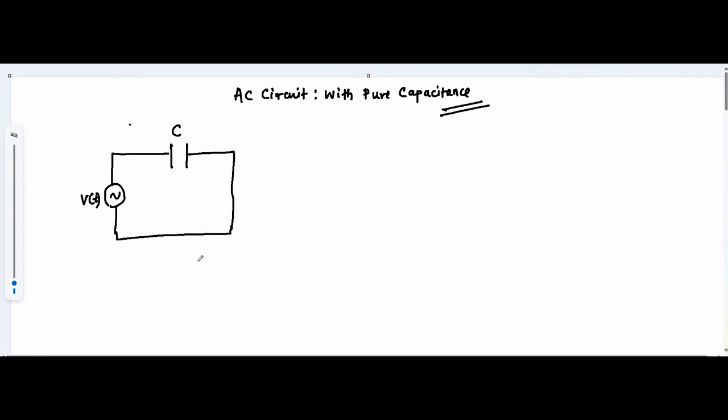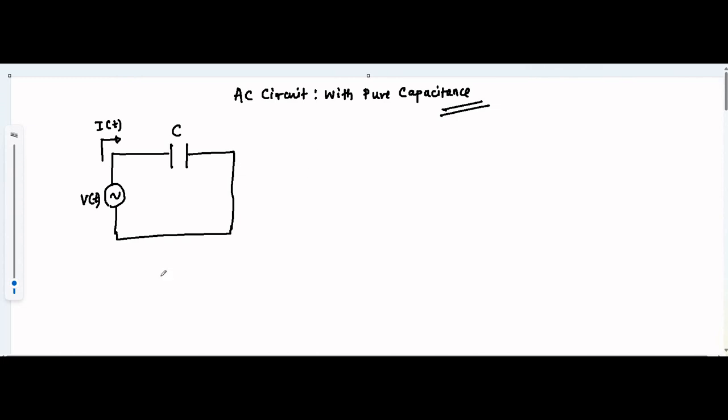So here the plates of the capacitor are charged first in one direction and then in the opposite direction. With the charging of the capacitor in alternate directions, it results in the flow of an alternating current. Now here we have to figure out what is the expression of the alternating current.